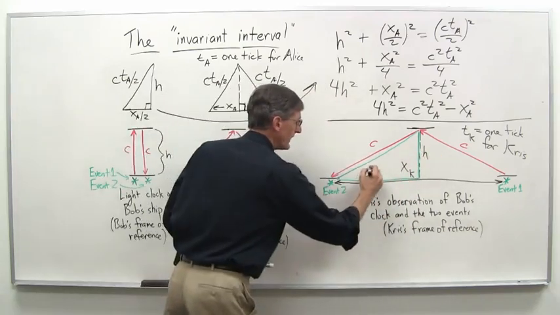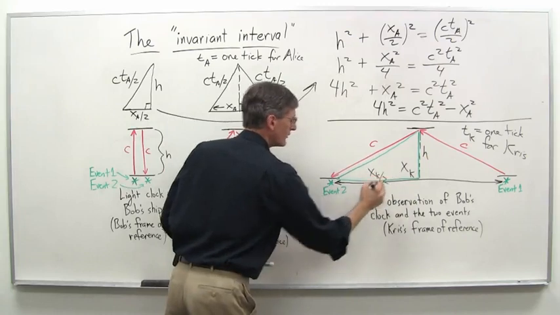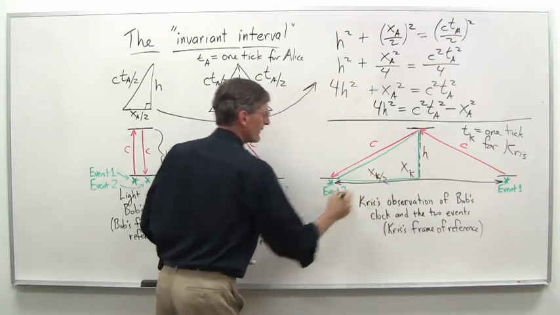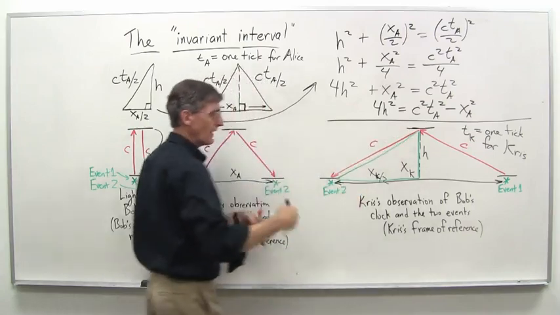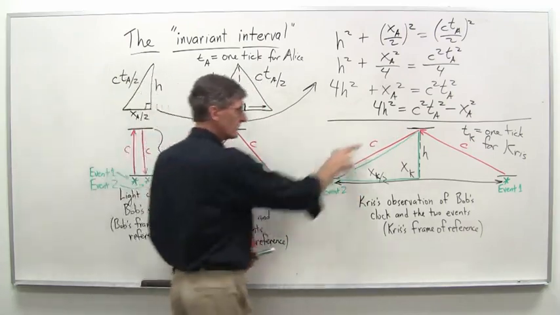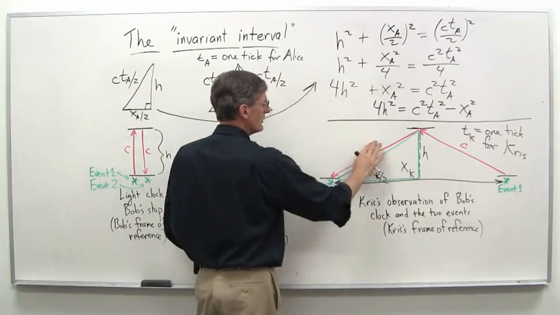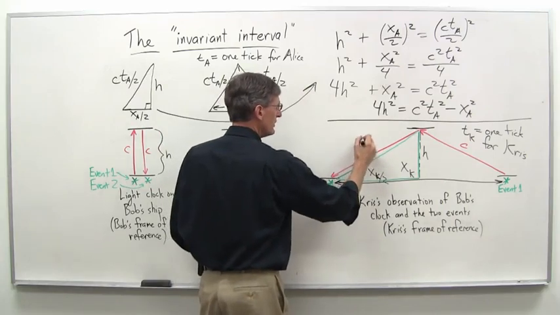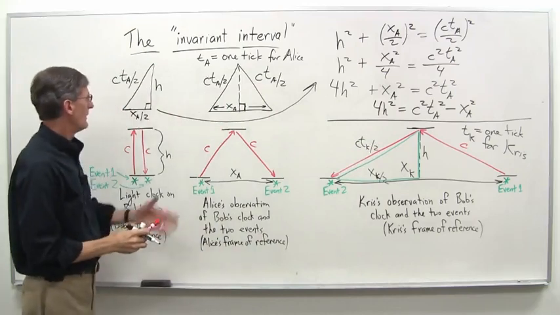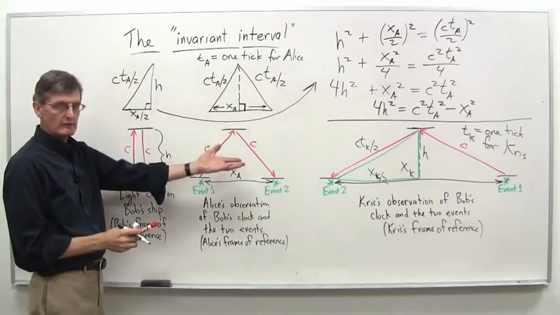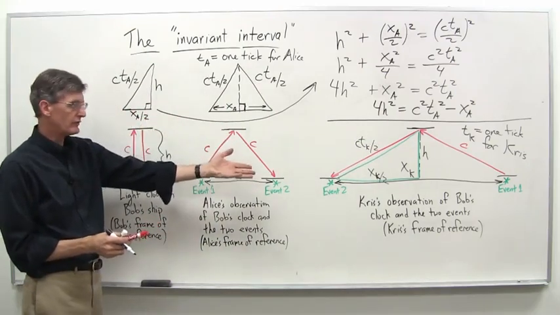This becomes xk over 2. And this distance here is the speed of light times half a tick, because half a tick up, half a tick down. So this becomes c tk over 2. Exact same little triangle as with Alice, just different values here.